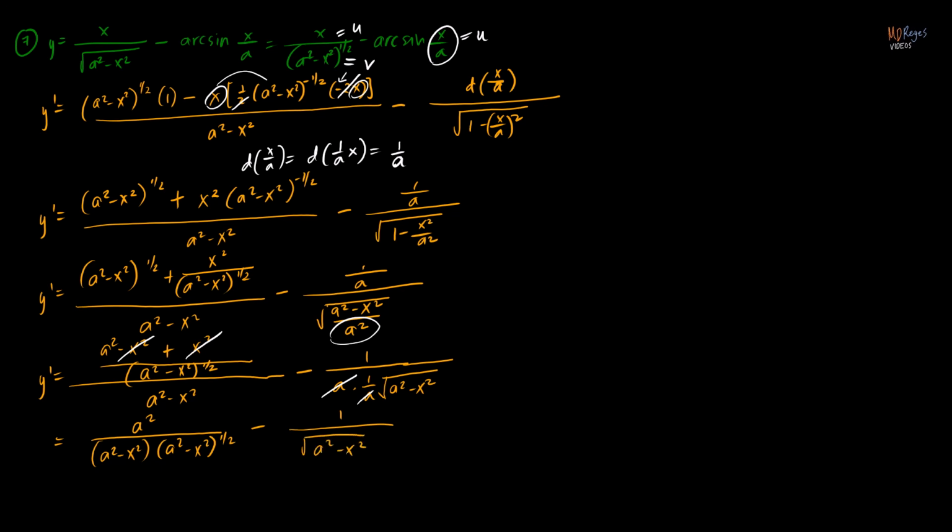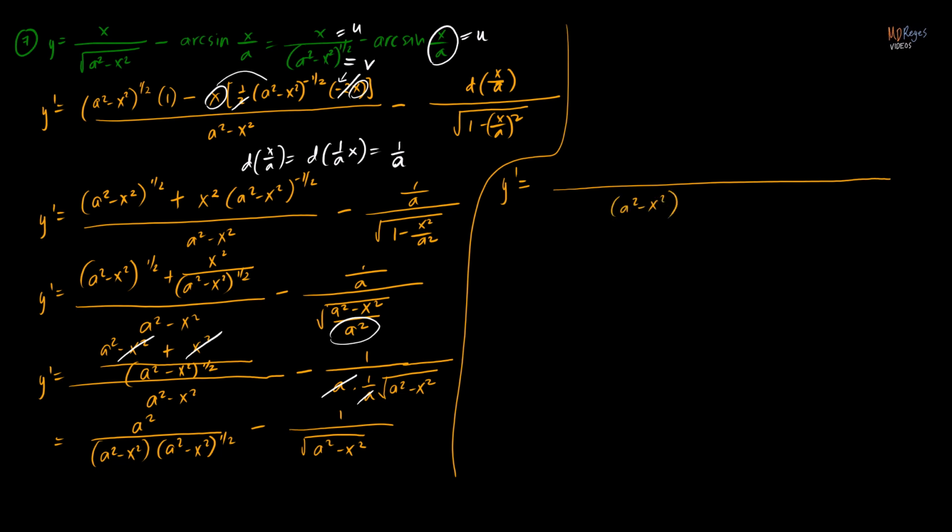Now further simplifying, we'll get y prime by taking the LCD. So the LCD is, of course, a squared minus x squared times a squared minus x squared raised to 1/2, because the square root of a squared minus x squared is also a squared minus x squared raised to 1/2. So the first term is still a squared because it still has the same denominator.